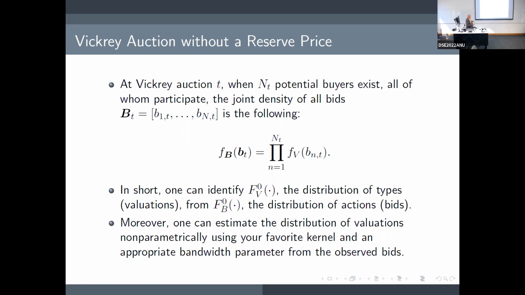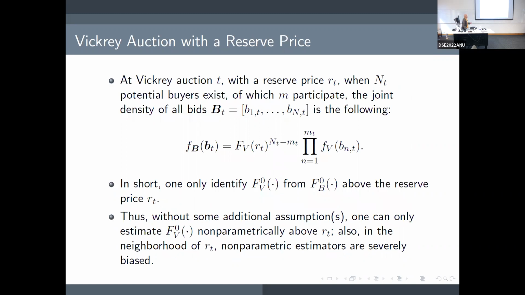And you can see that from the joint distribution of bids, F_B, you essentially have the distribution of valuations. And so if you're working for some tech company and they want to learn the distribution of valuations, well, you just use a Vickrey auction, no reserve price, because then at least you'll see the entire scope of the data. And you can kernel estimate it.